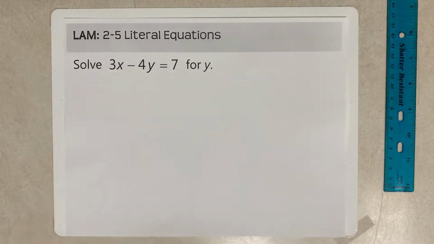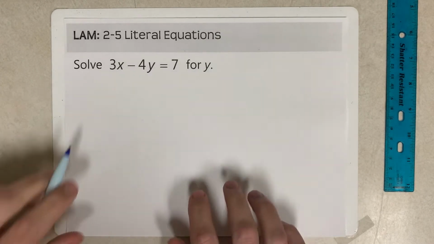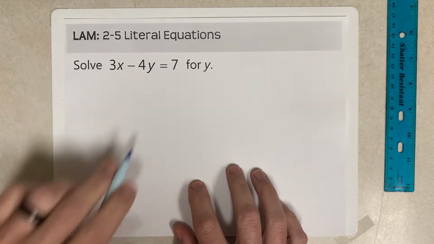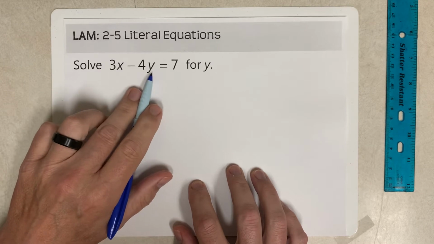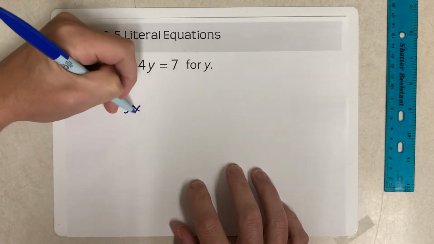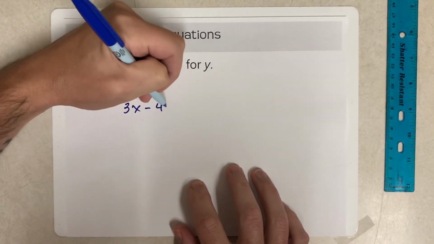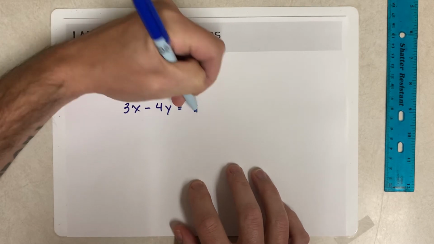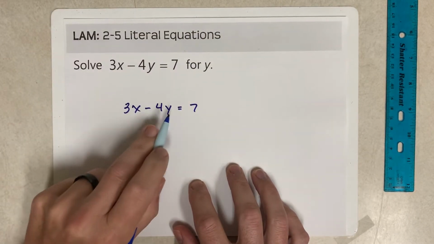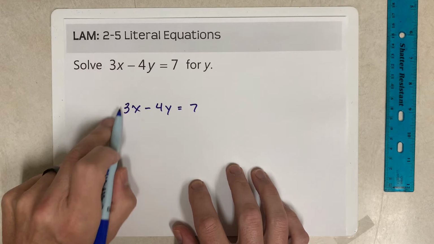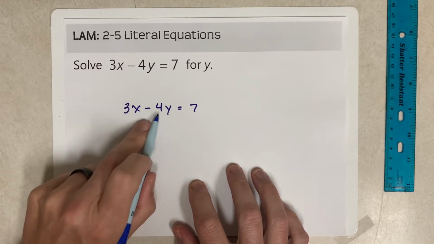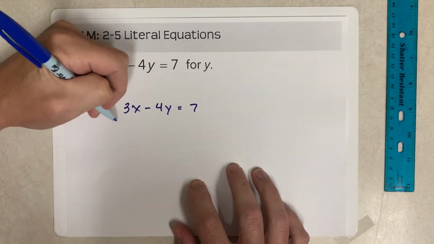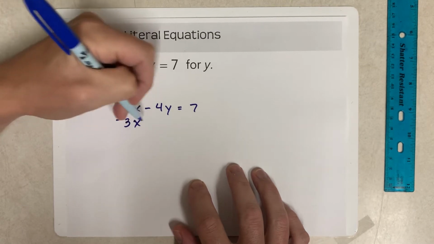All right, so here we have one, and it says solve this for y, 3x minus 4y is equal to 7. So I want to get that y by itself. I have 3x minus 4y equals 7. I need to unwrap this until I get y by itself. I really need to get rid of this 3x first before I can start talking about that coefficient. So I'm going to subtract 3x on both sides.